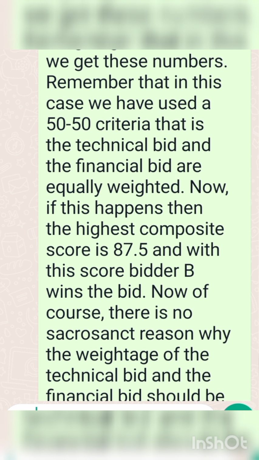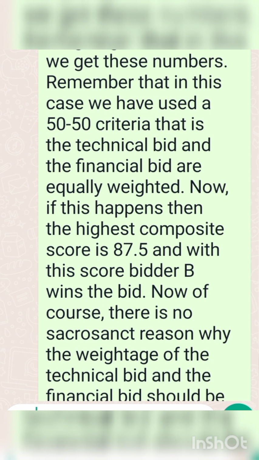Remember that in this case we have used a 50-50 criteria, that is, the technical bid and the financial bid are equally weighted. Now the highest composite score is 87.5, and with this score bidder B wins the bid.